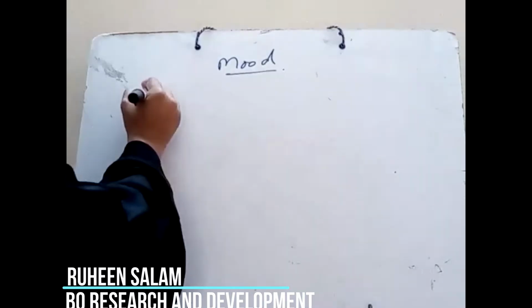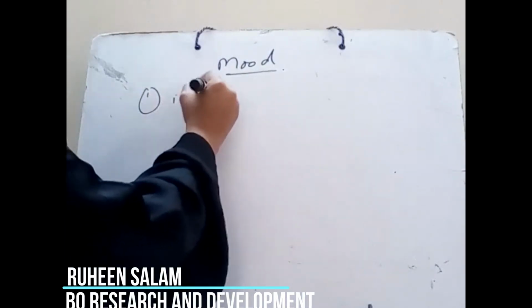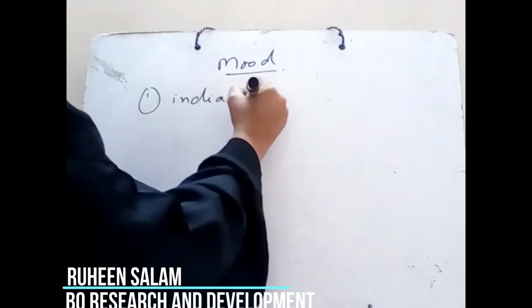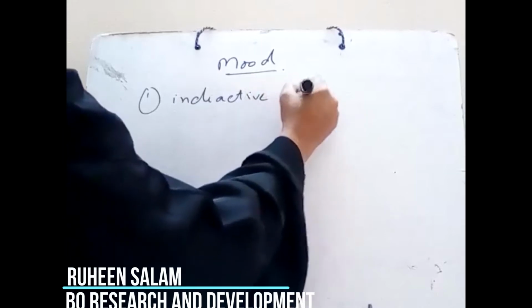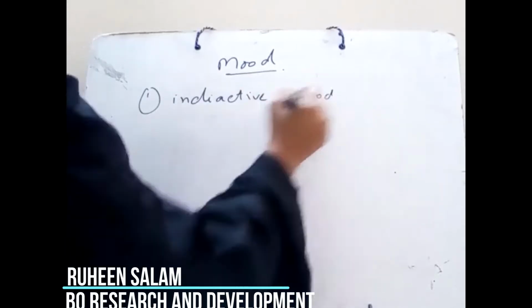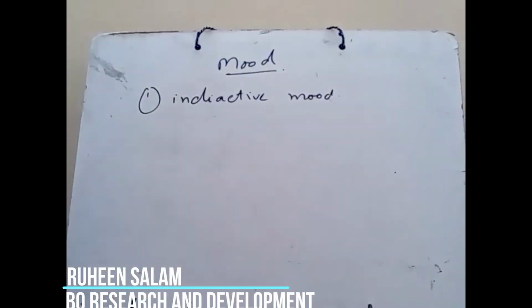Our very first mood is the indicative mood. The indicative mood is to make a statement that is based on reality or facts.